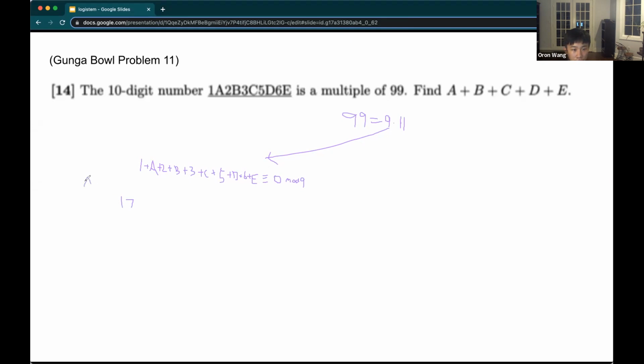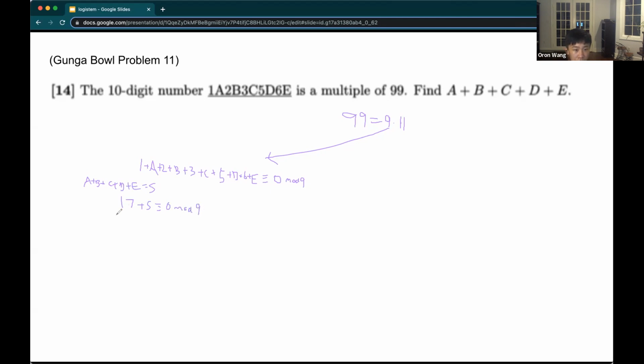So first, let's let a plus b plus c plus d plus e equal s. So then when we simplify this, we get 17 plus s is 0 mod 9.